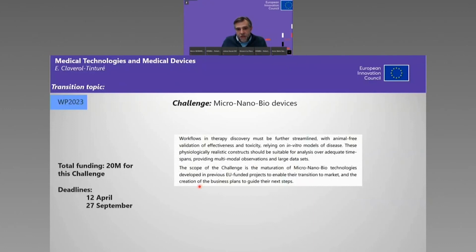So the scope of the challenge is the maturation of micro-nano biotechnologies. This is really critical, absolutely critical for transition. It's just the maturation.